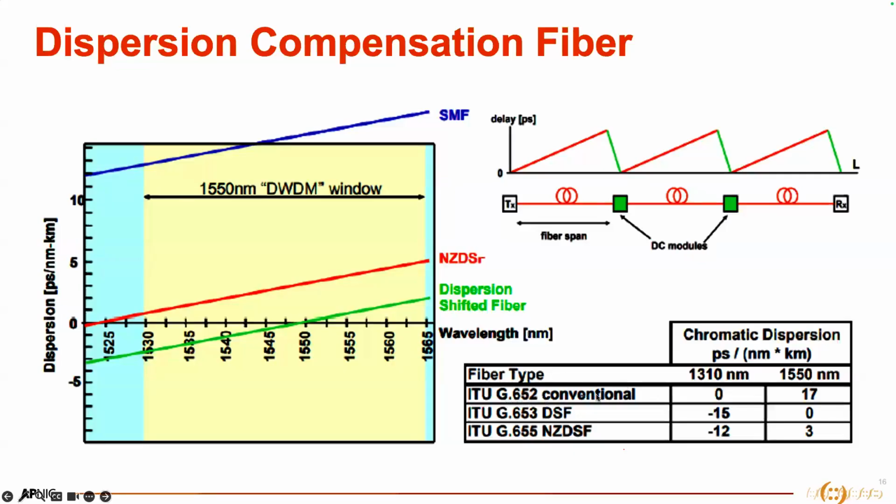As you can see, G.652 is the conventional one, which can carry DWDM signal. G.655 and G.653 are also usable fibers for DWDM. But G.652 is the most widely common among all the operators based on cost, attenuation, and the universality of its characteristics.